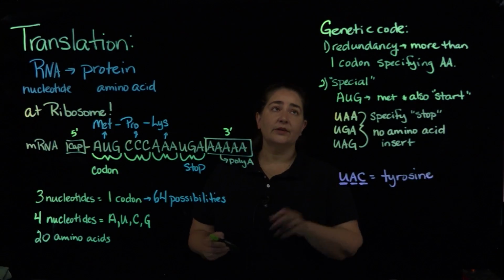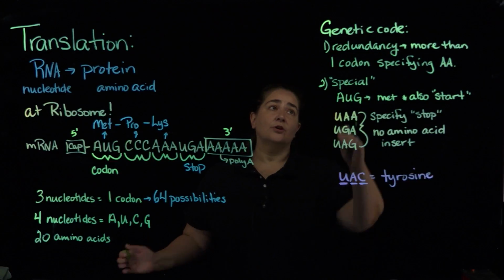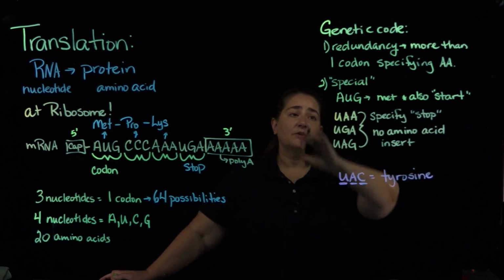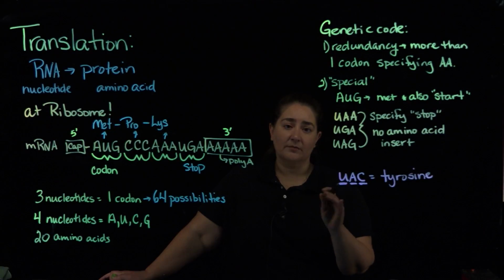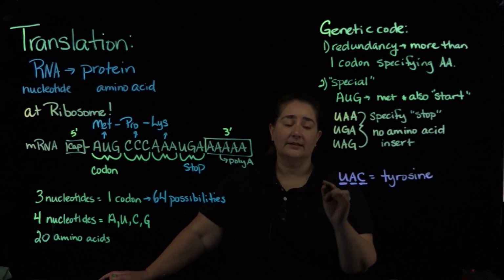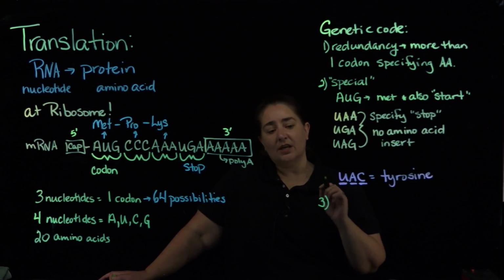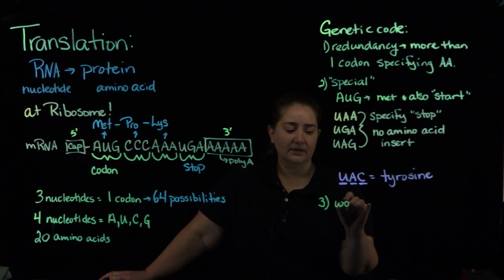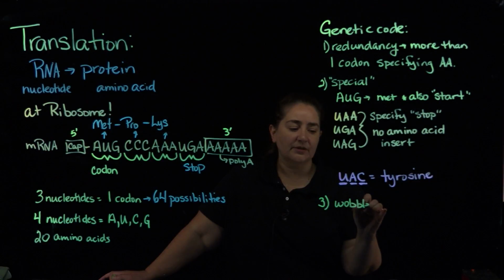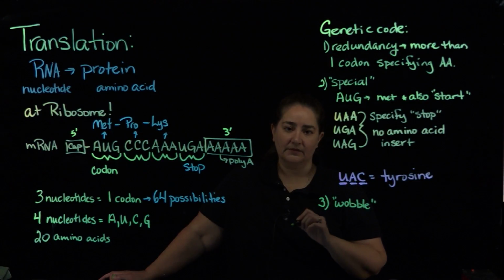Now, with our genetic code, we've got the redundancy, we've got some special codons in there that are defined here, our start and our stop. The other thing with the genetic code, we're going to have a little bit of what's known as wobble in the genetic code, okay?